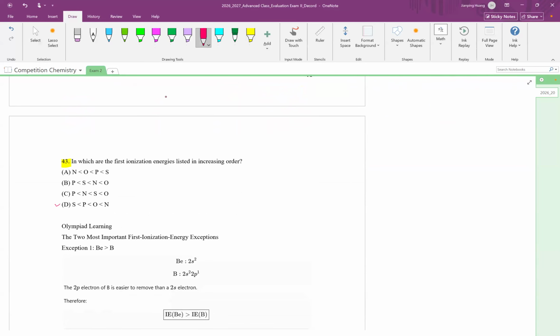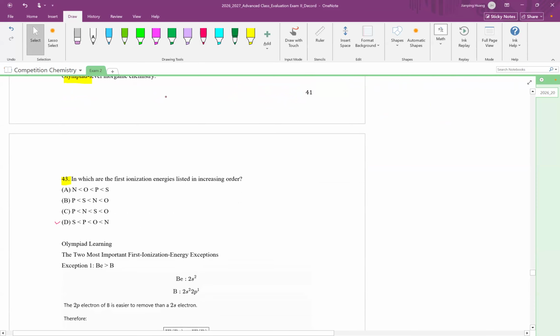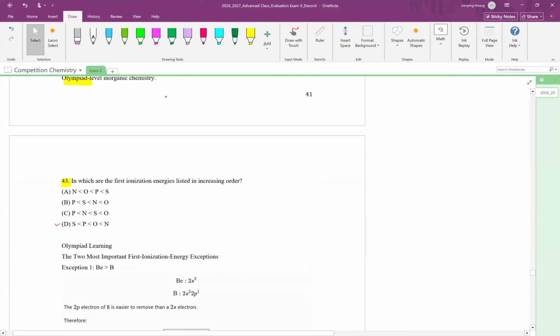Why? As we said, for ionization energy, you pay attention to 2A, 5A, 8A, right? So the first one, the trend should be this one, this one, this one.